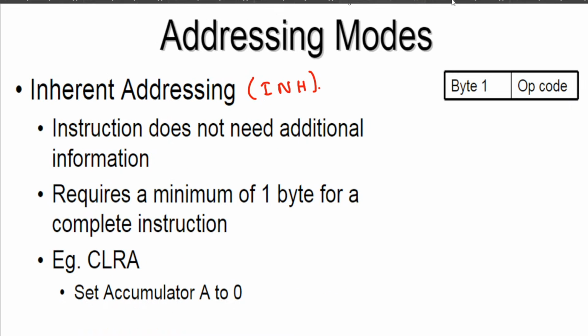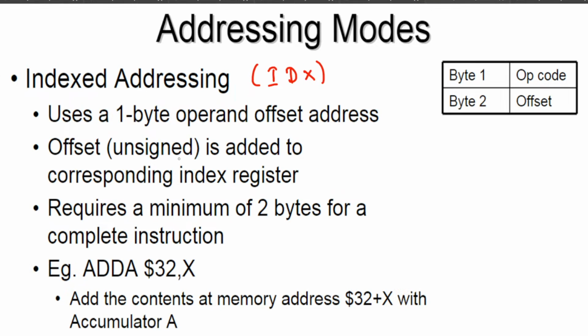And then, we have seen inherent addressing, and the indexed addressing uses 1 byte for the operand. The unsigned offset address is added to the corresponding index register, and requires a minimum of 2 bytes for a complete instruction. Here's an example, ADDA, and here this is pointed to a memory address, and this is an addition happening to the X register.